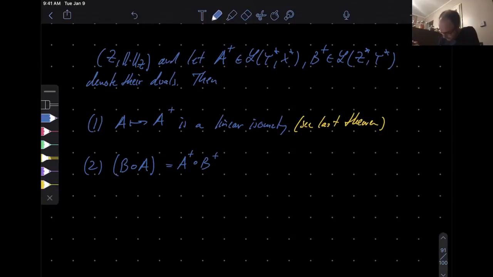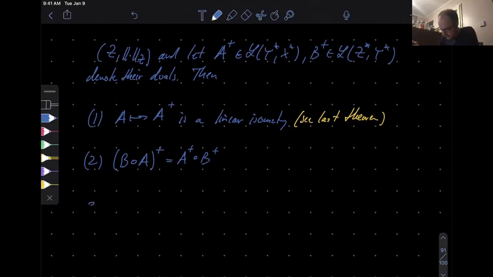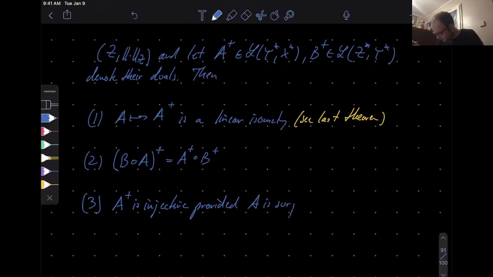Maybe let me move that T here. Okay, so it satisfies the exact same property. But these are, of course, maps on infinite dimensional spaces, not matrices. Okay, then the dual of A is injective, provided A is surjective.